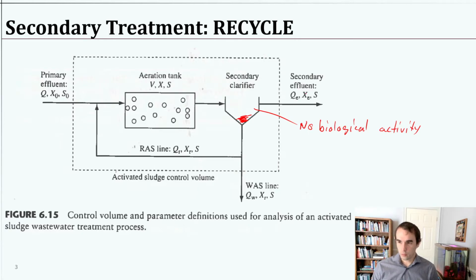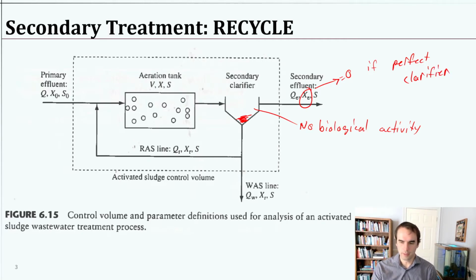Likewise, we will typically assume that our clarifier works perfectly. So this should be 0, XE should be 0 if perfect clarifier, if we make that assumption.